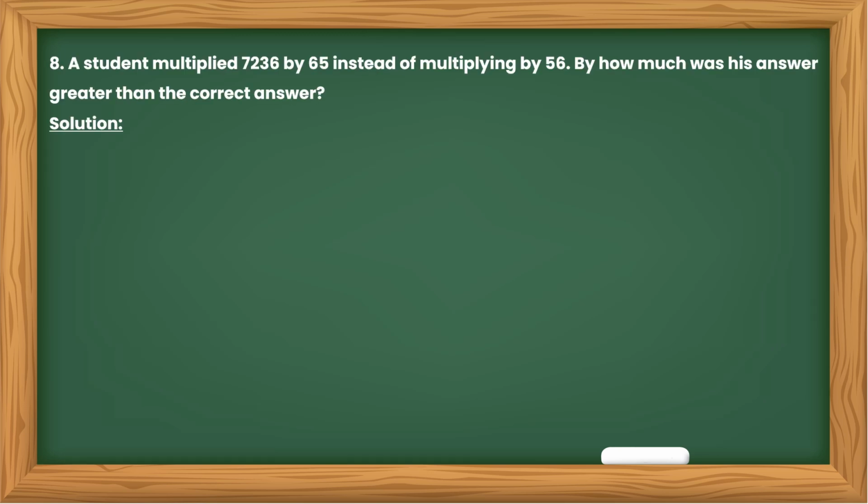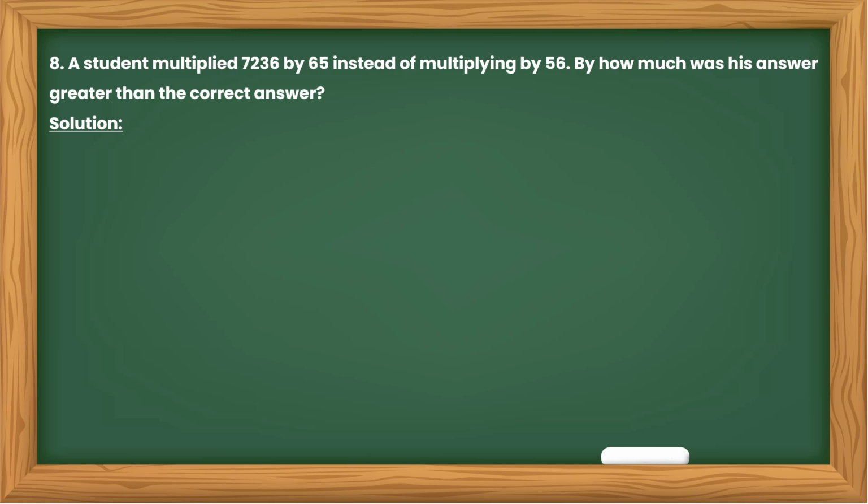A student multiplied 7,236 by 65 instead of multiplying by 56. By how much was his answer greater than the correct answer? So, let's take that the student was given a problem to multiply 7,236 by 56.